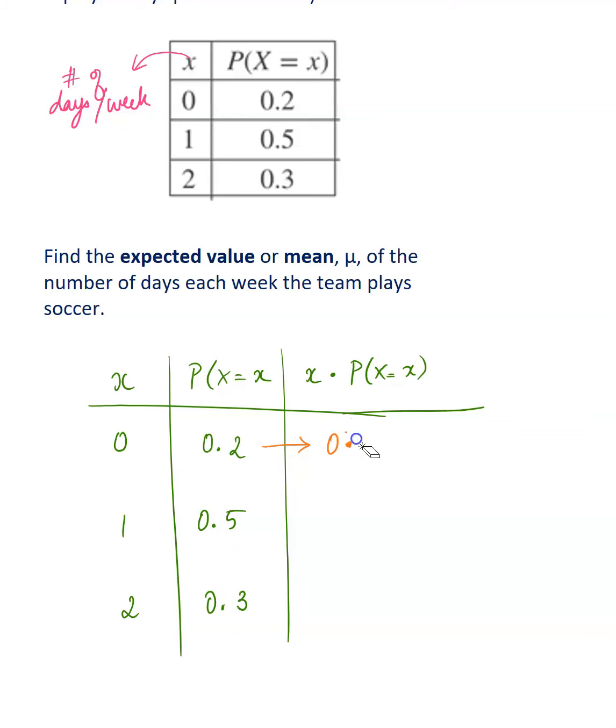I don't want to put another dot because you have decimal numbers, so I'll use parentheses to show the multiplication. Now that gives us, of course, 0 here. This is going to be 0.5 and this is going to be 0.6.